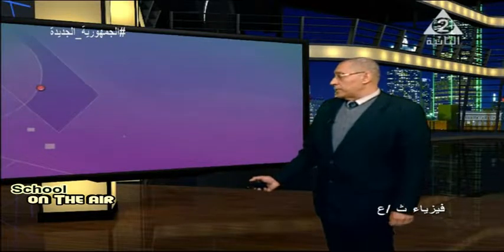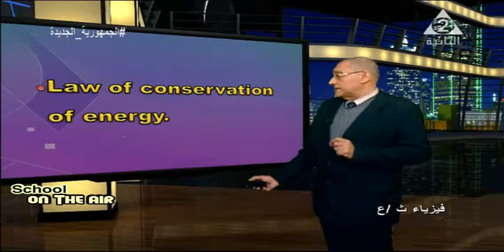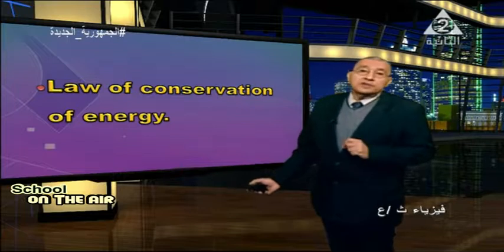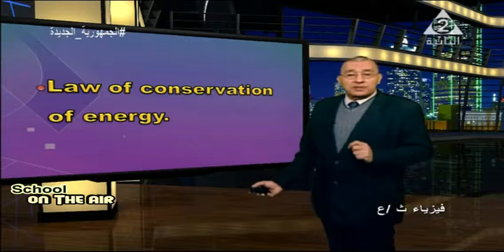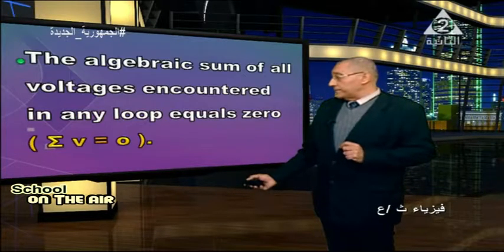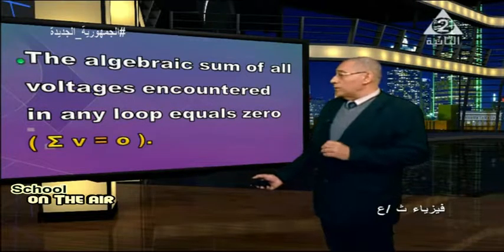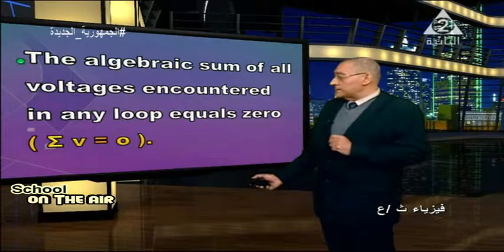Another, we want the relation that expresses law of conservation of energy. It is Kirchhoff, or we can say the algebraic sum of all voltages encountered in any loop equals 0.